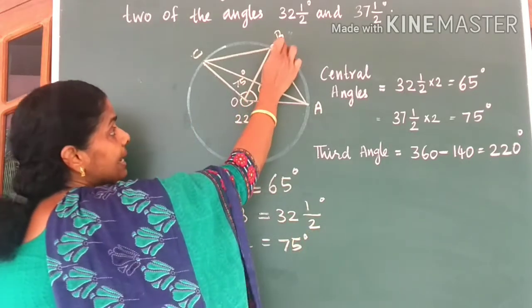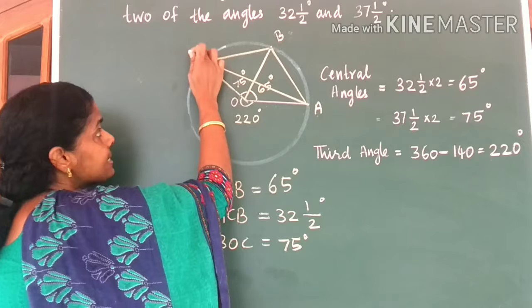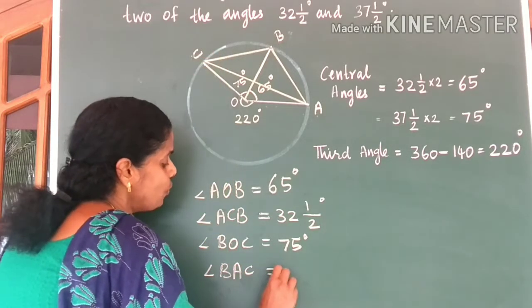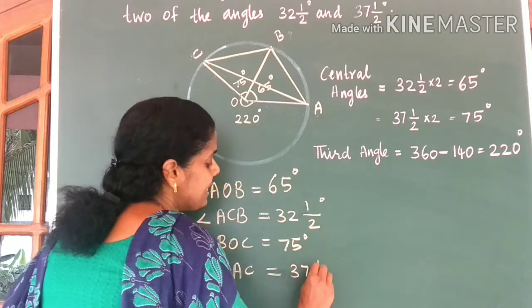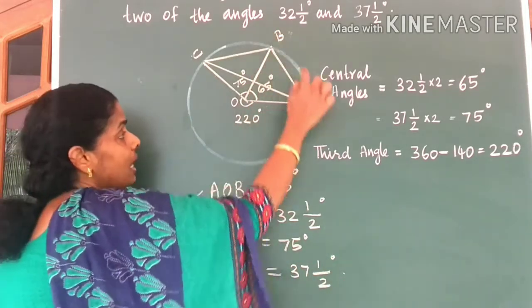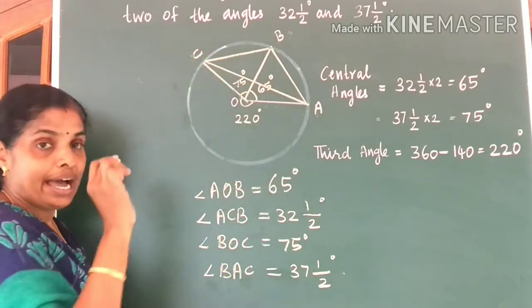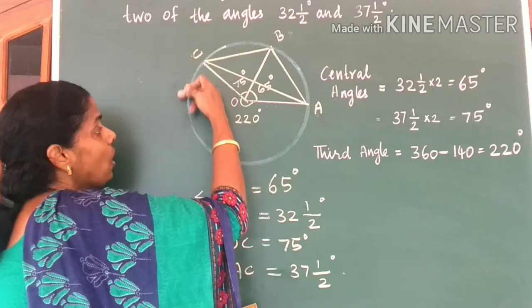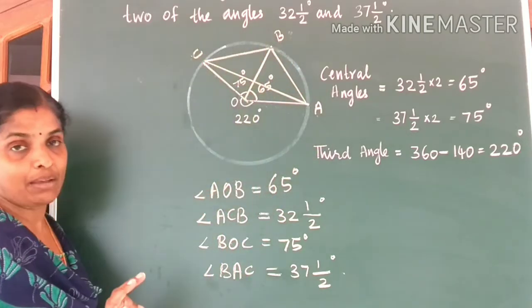Therefore, angle BAC would be equal to 37.5 degree. It is because BAC is the angle made by the arc BC on its alternate segment.